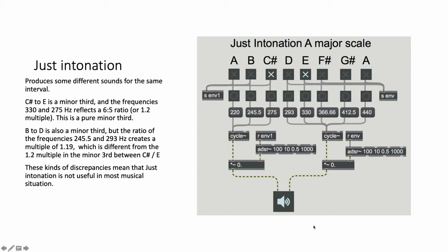B to D is also a minor third, but based on this just intonation A major scale, the frequencies 245.5 and 293 hertz create a multiple of 1.19, which is obviously different from the 1.2 multiple in the minor third between C sharp and E. This is just one small example of the kind of discrepancies in intervals that just intonation will create. And therefore, it means that just intonation is not particularly useful for most musical situations.